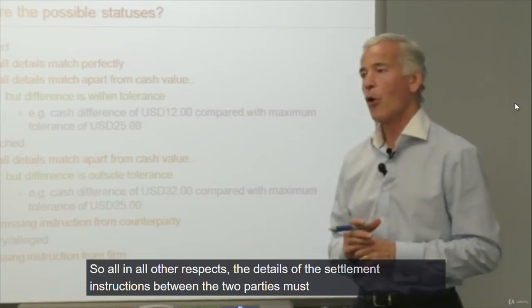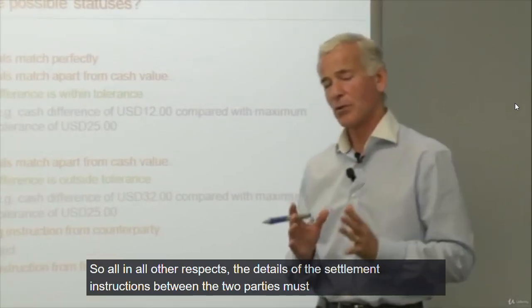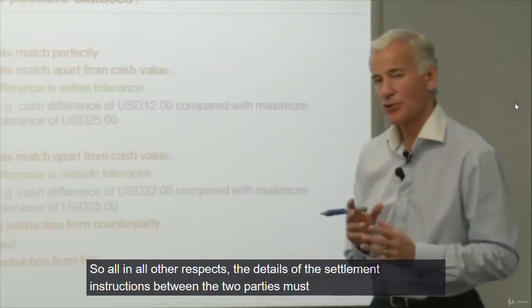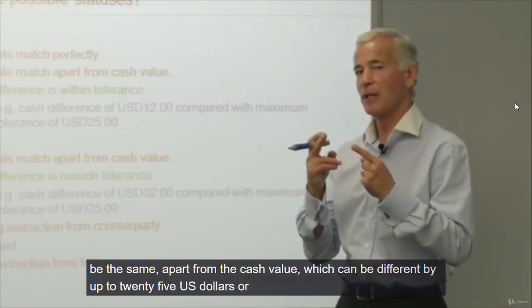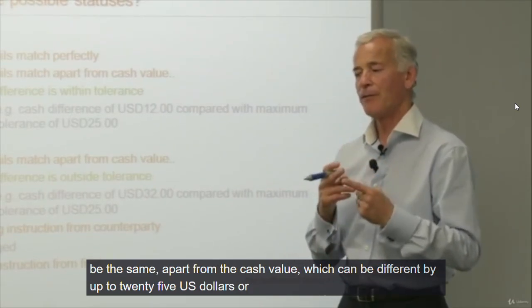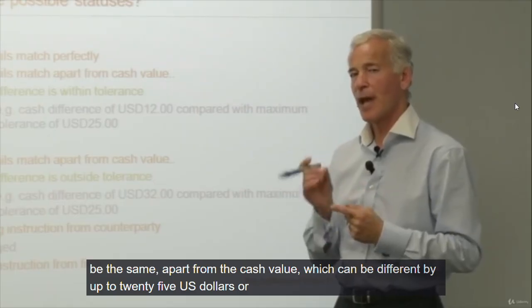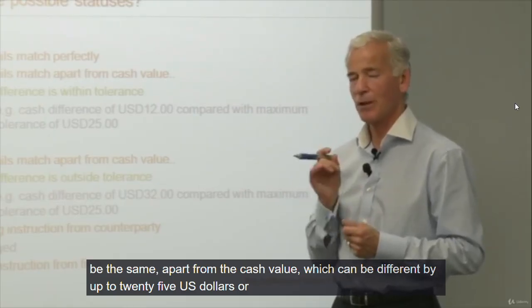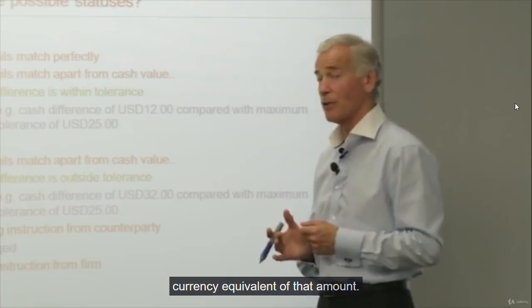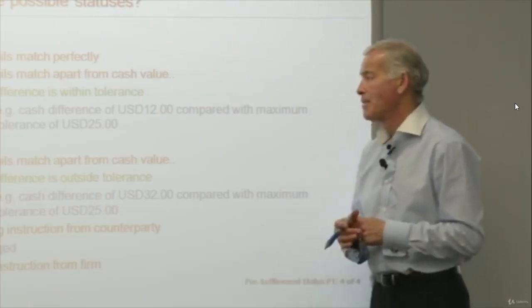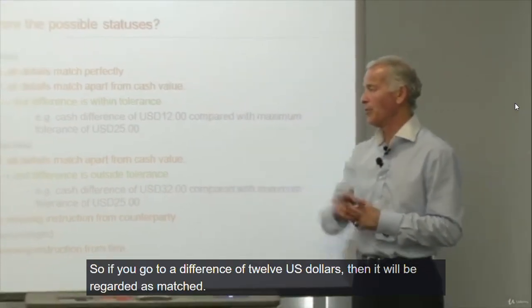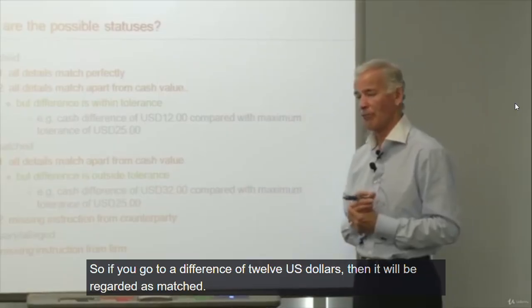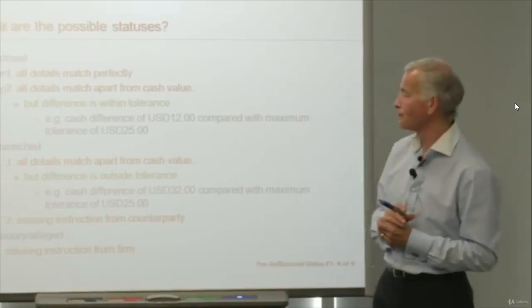So in all other respects, the details of the settlement instructions between the two parties must be the same, apart from the cash value, which can be different by up to $25 US or currency equivalent of that amount. So if you've got a difference of $12 US, then it will be regarded as matched.